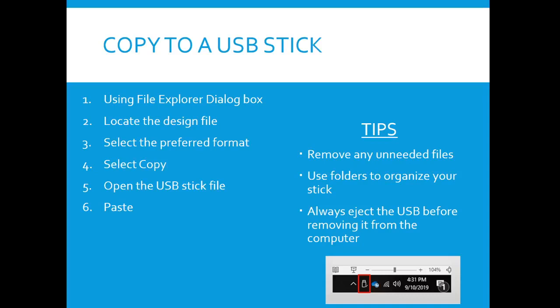On the sewing machine, just as a cautionary step, before I remove the USB stick from the machine, I back out of it so that I'm not looking at a design on the USB stick, if that makes sense. I go all the way out, or I turn the machine off if I'm done.